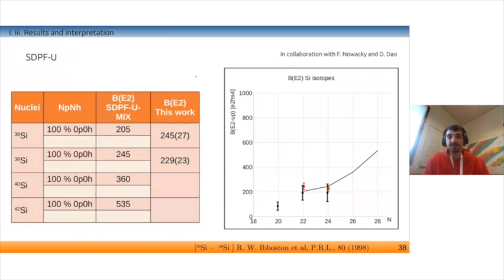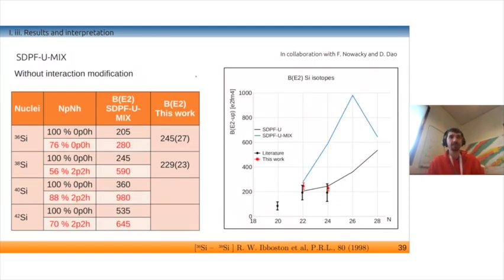But the most advanced interaction in the region is the SDPF-U-MIX, which can authorize mixing between SD and PF shells. This interaction allows us to characterize from N equal 20 to N equal 28, and that was the goal.